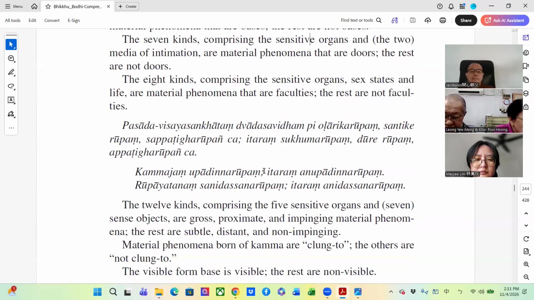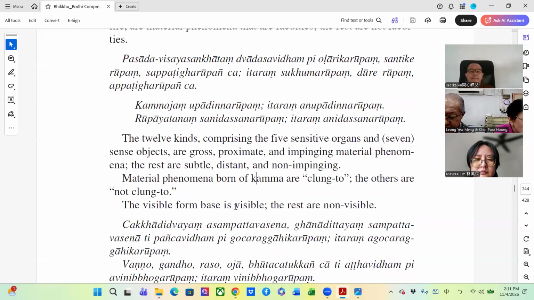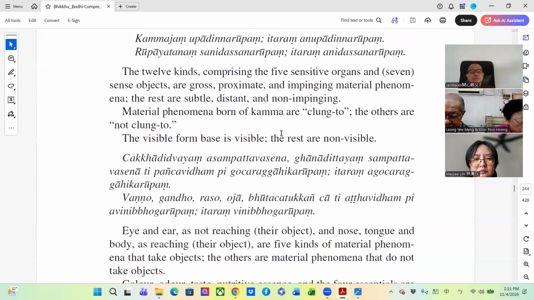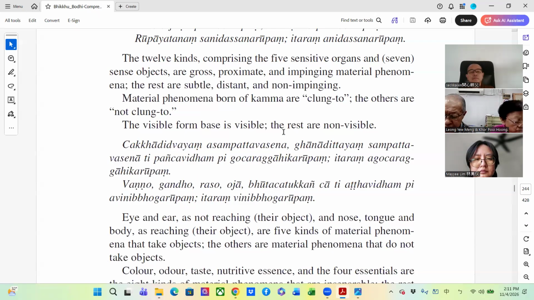The 12 kinds comprising the five sensitive organs and seven sense objects are gross, proximate, and impinging material phenomena. The rest are subtle, distant, and non-impinging. Material phenomena born of karma are clung to. The others are not clung to.